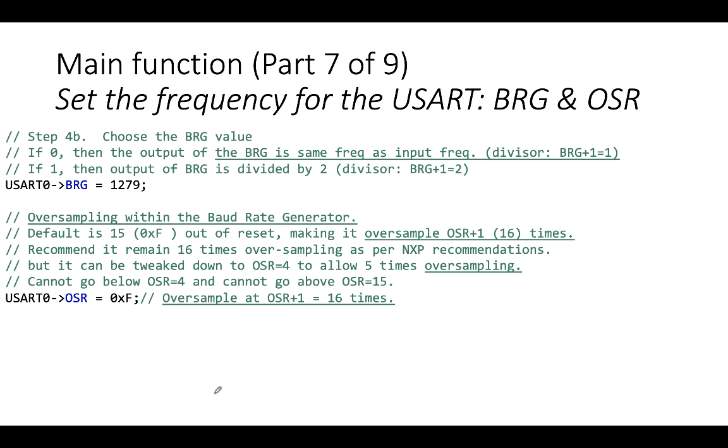All right, from there, what do we have to do? We need to set BRG to 1279, and we're setting our OSR to 15. We'll add a 1 to that, which gives us 16 as part of that equation that we saw earlier.